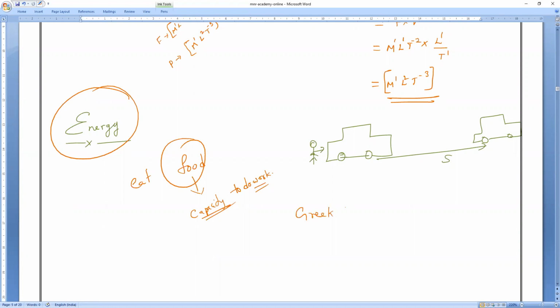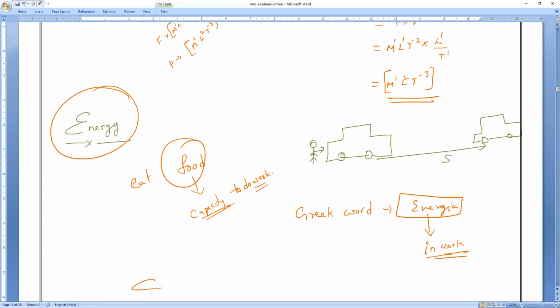The Greek word is energia. What do you mean by energia? It means in work. So that is the word it is derived from. So energy means what, everybody?